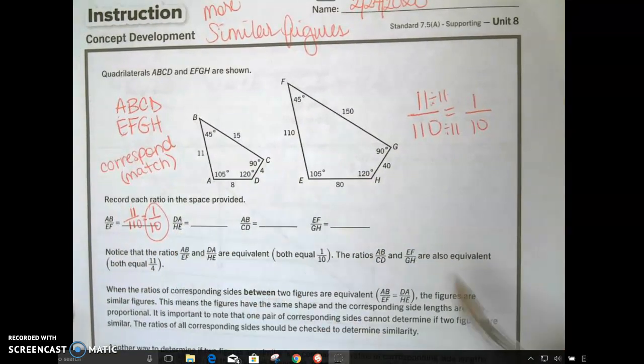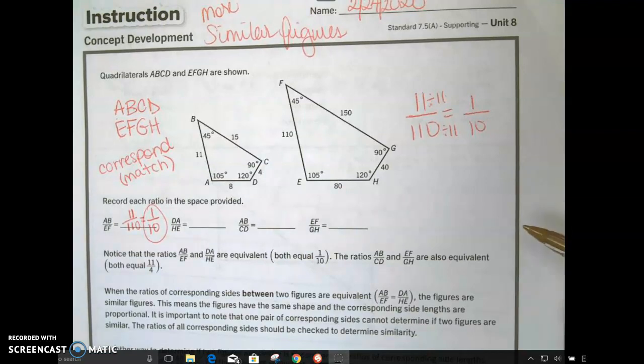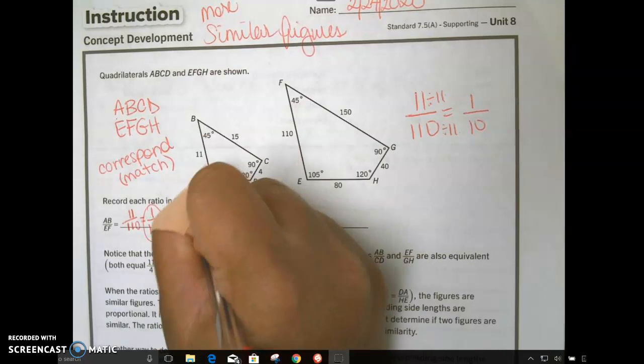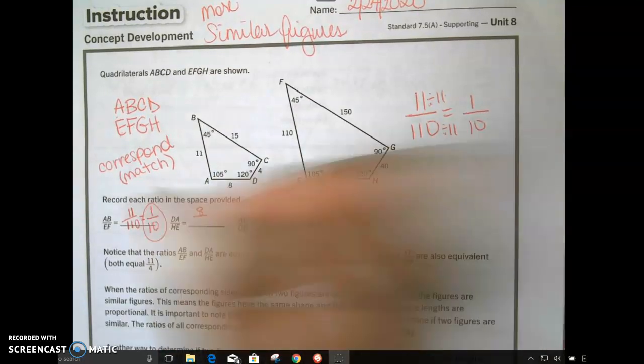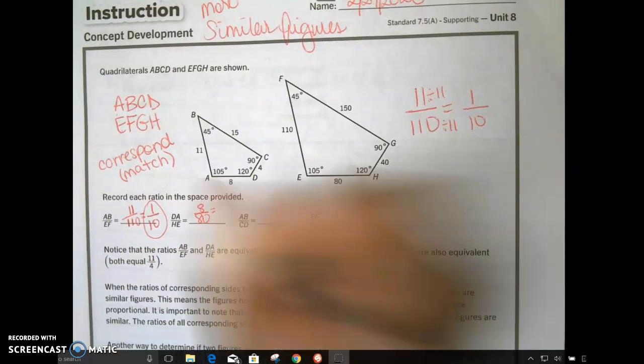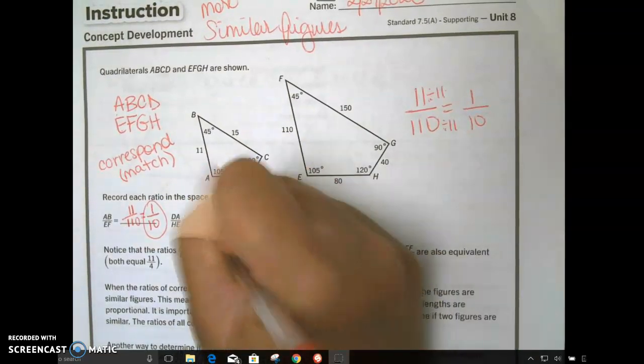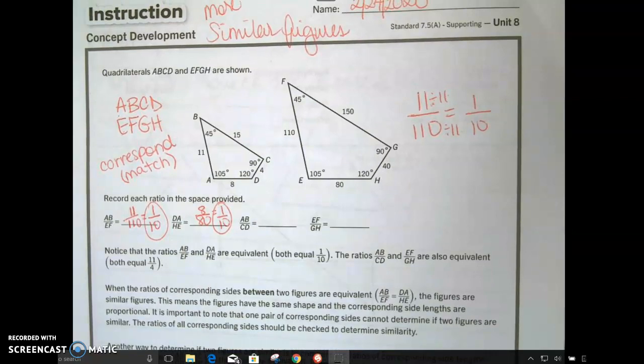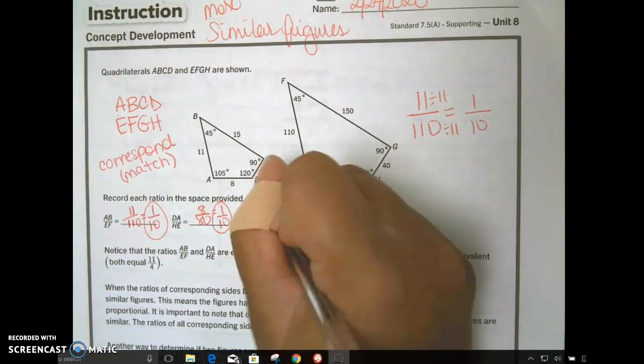DA over HE. How long is DA? 8. How long is HE? 80. What would this reduce to? 1/10. AB. How long is that? 11. To CD.